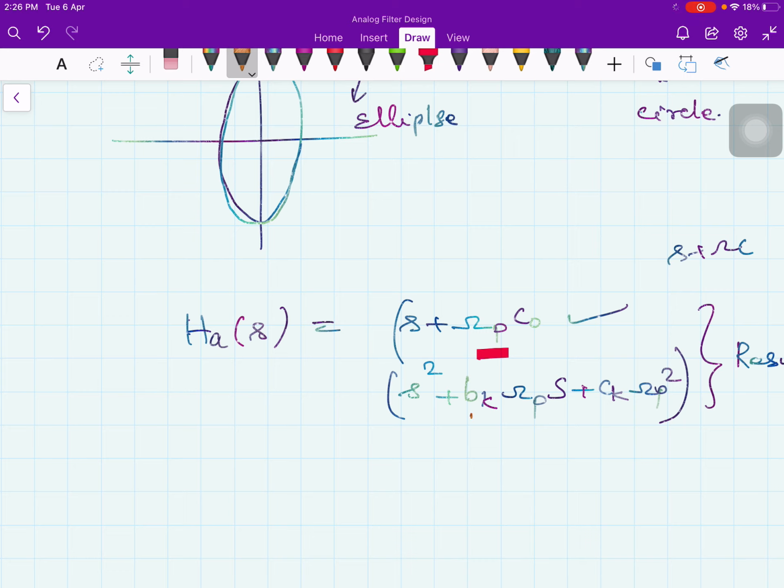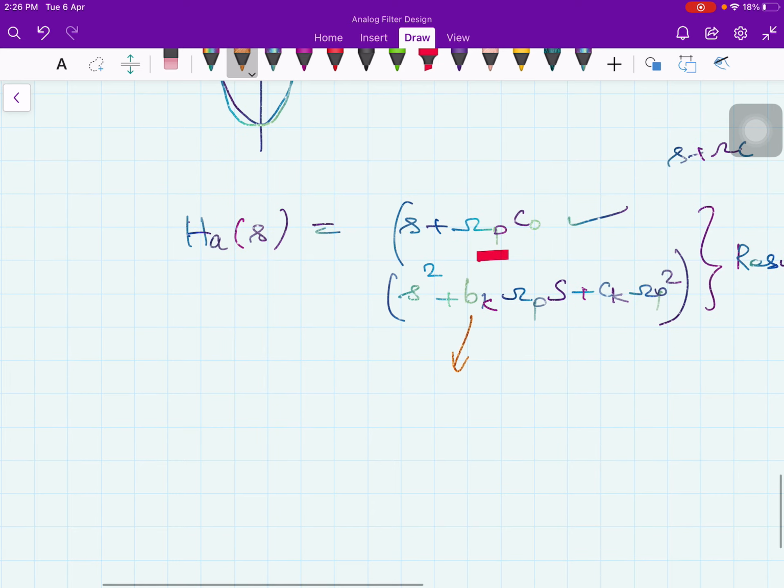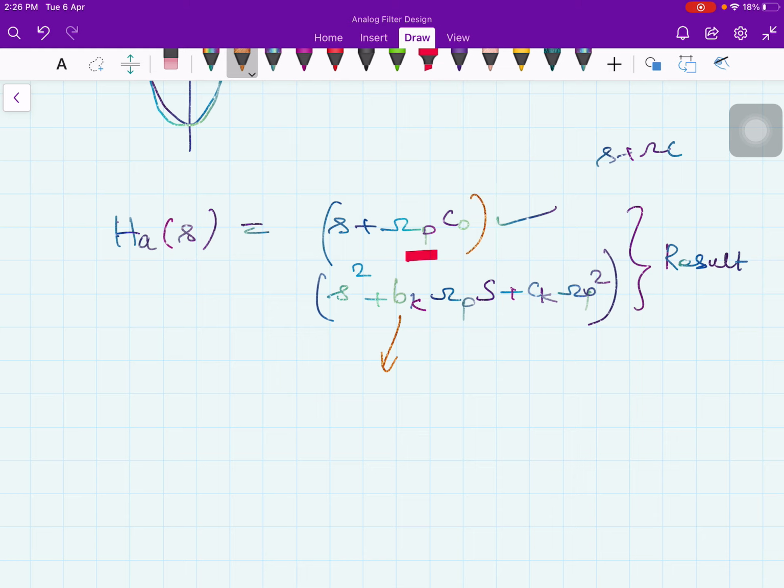And these bk's are different, and we will illustrate them a little later. Therefore s plus omega p c naught and s squared plus bk omega p s plus ck omega p squared are the pole factors. These are the factors in the denominator.